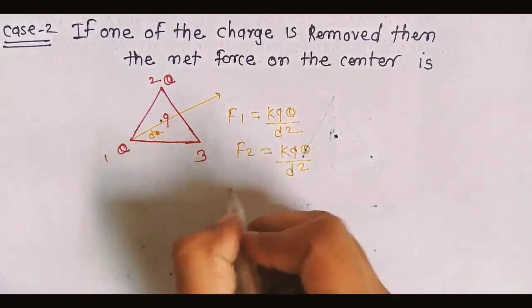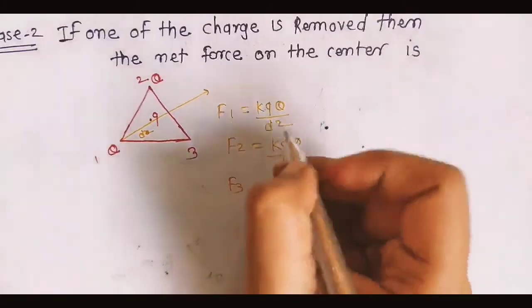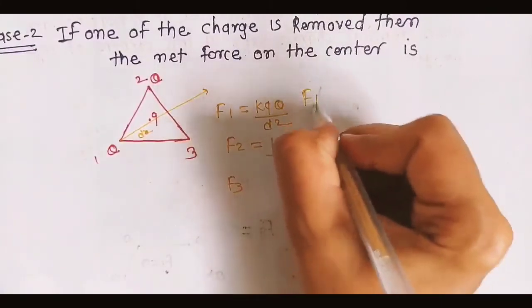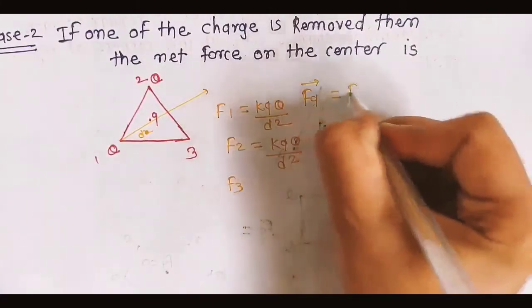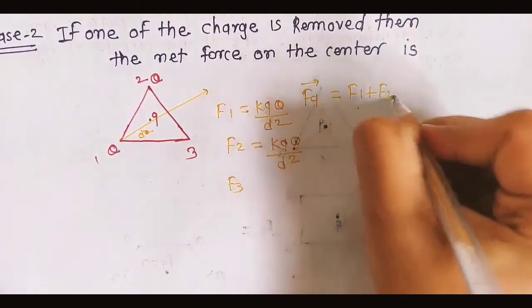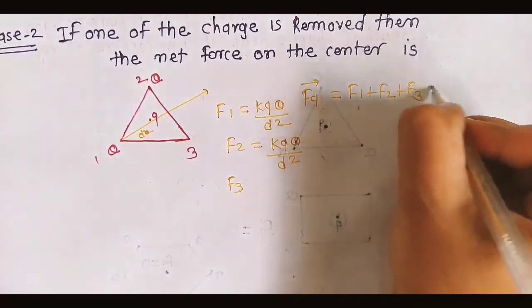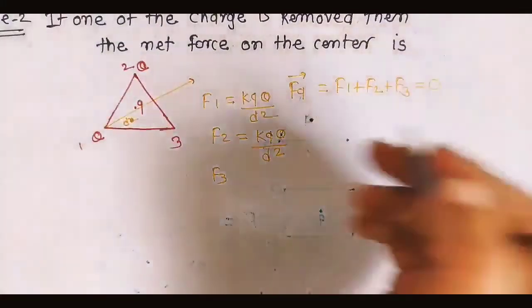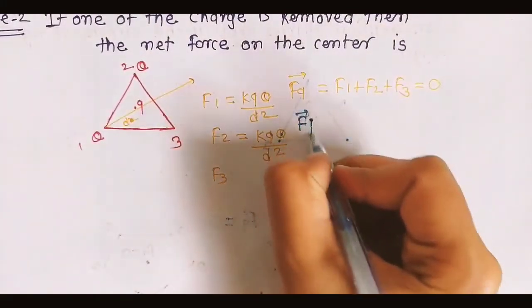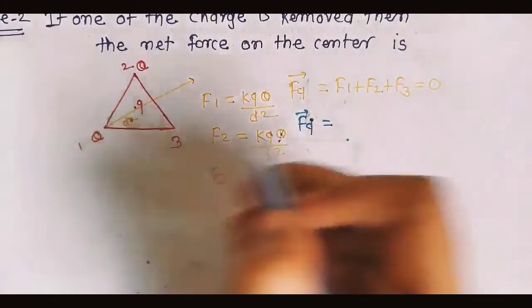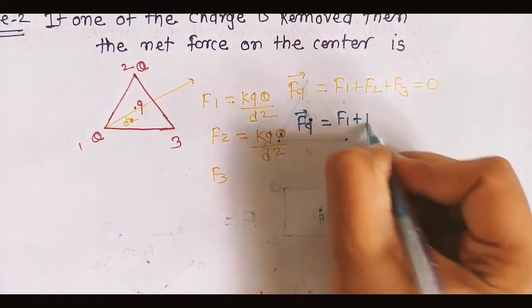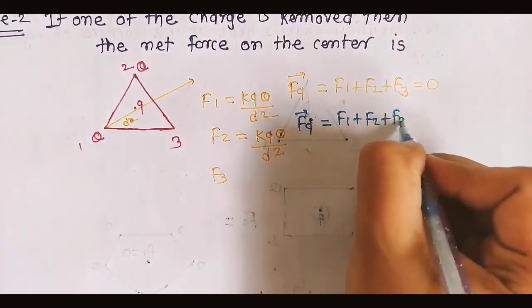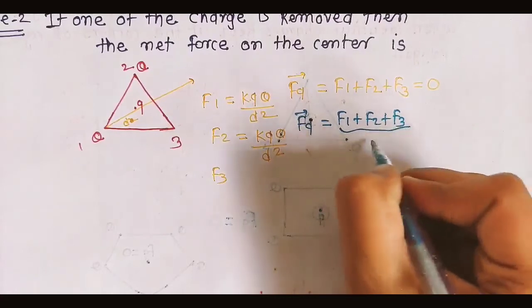We remove this F3, but we know that the net force Fq is equal to F1 plus F2 plus F3, which is 0. So here the net force on the center, Fq, is equal to F1 plus F2 plus F3, which is 0.